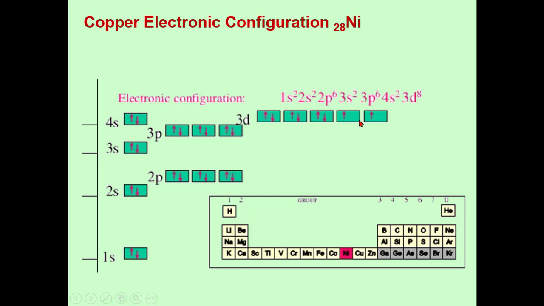This is due to Hund's rule: at ground state, if space is available, electrons occupy orbitals singly, without pairing. So according to Hund's rule, they occupy separate, single positions.